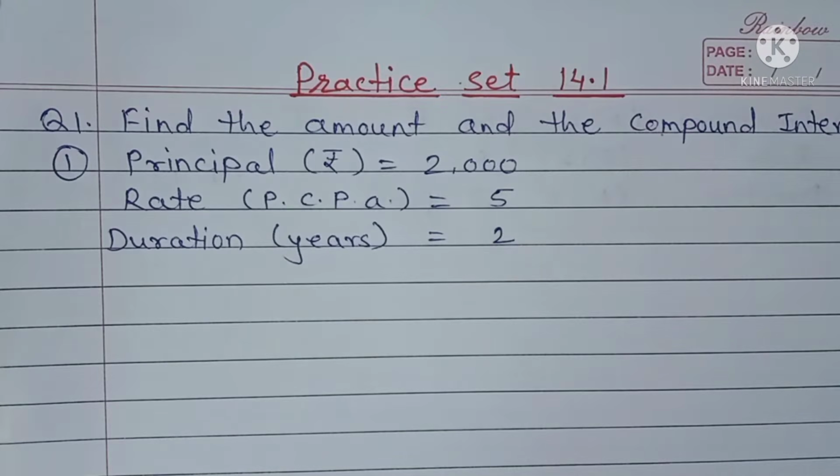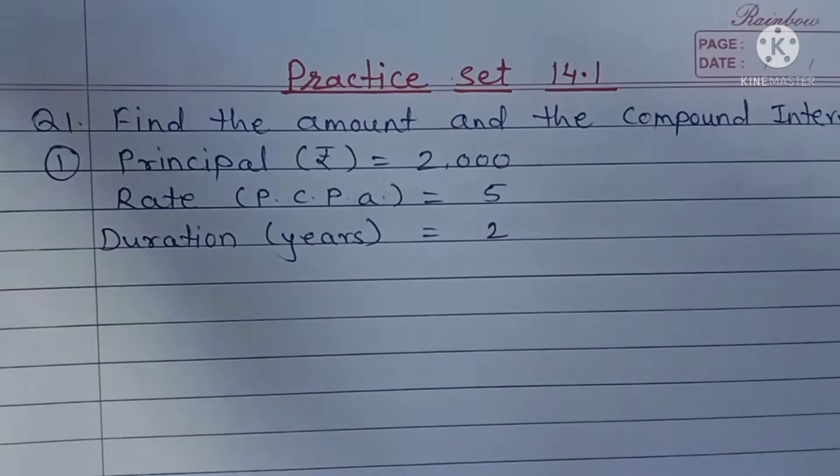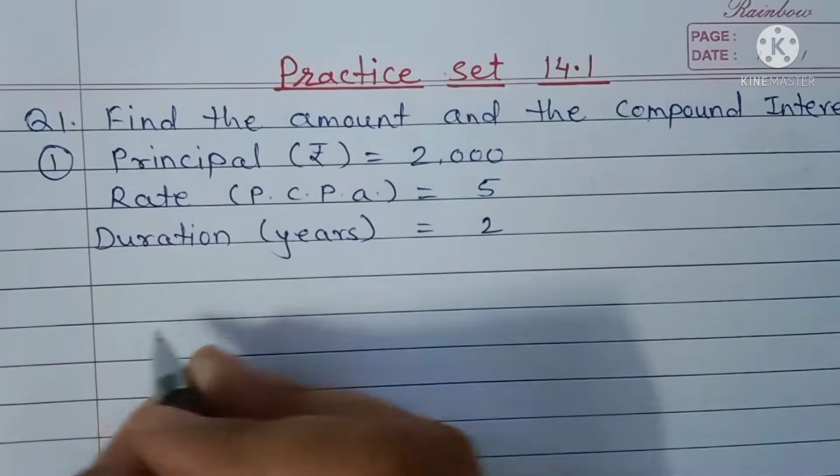In first question, principal is 2000, rate is 5 and duration means N is 2. First we will find out the amount.